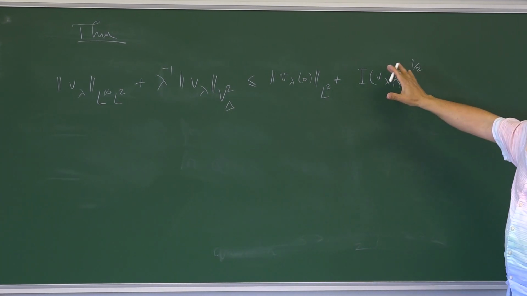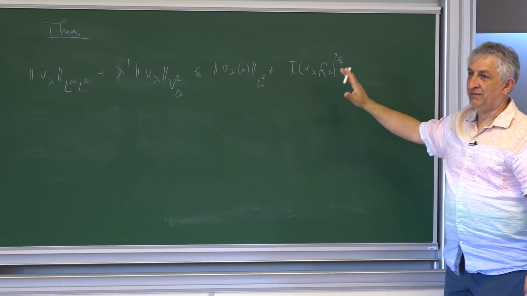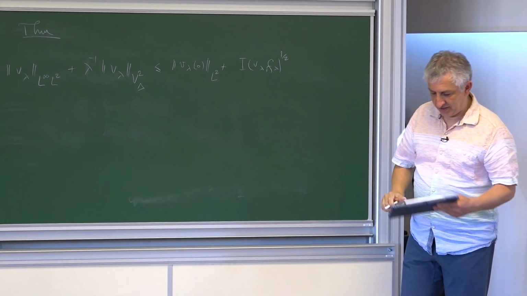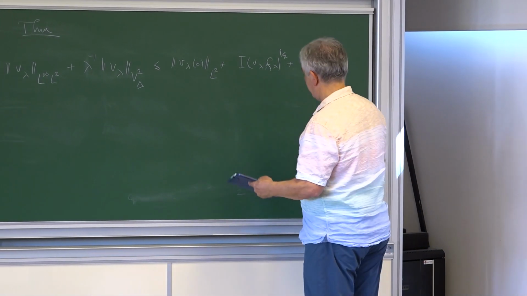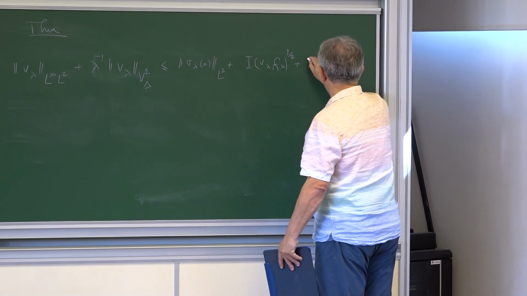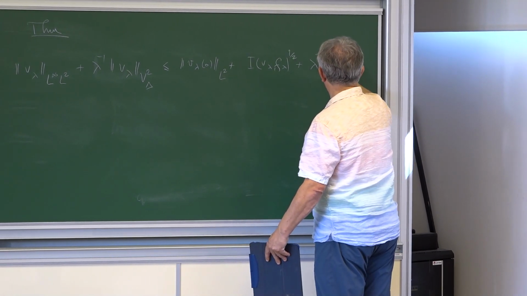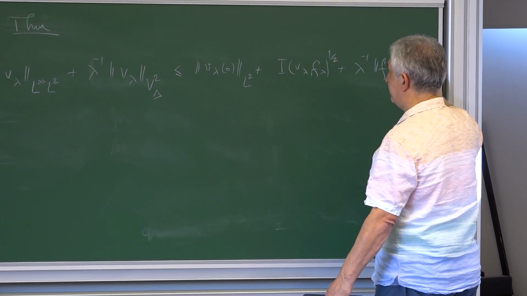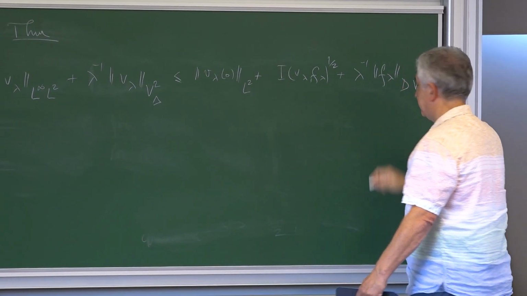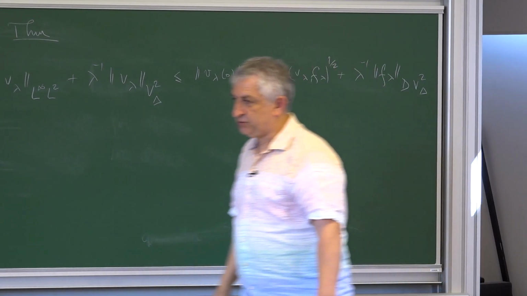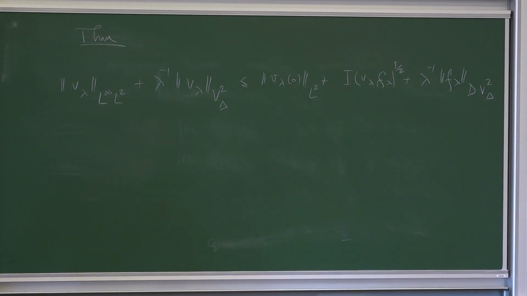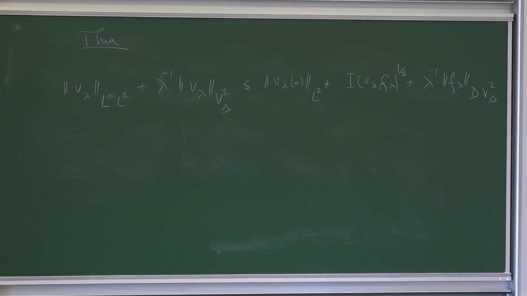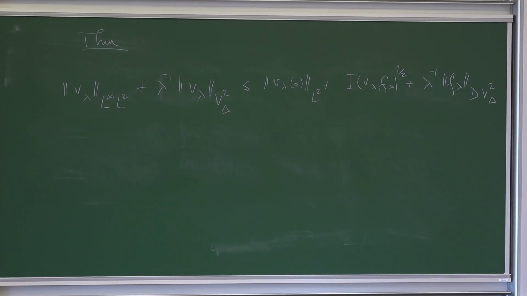Initially, we were hoping for this only. It turns out this was not quite enough. So we put here one more term, which is lambda inverse times the norm of F lambda in the space of d V2 delta. So these V2 spaces are some replacements for the XSB spaces associated to the Laplacian.